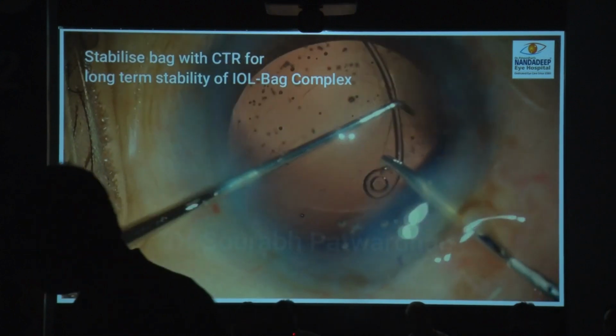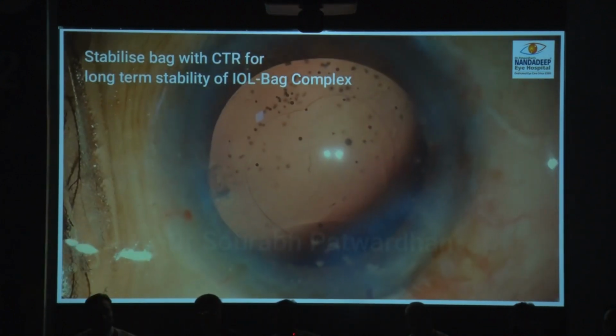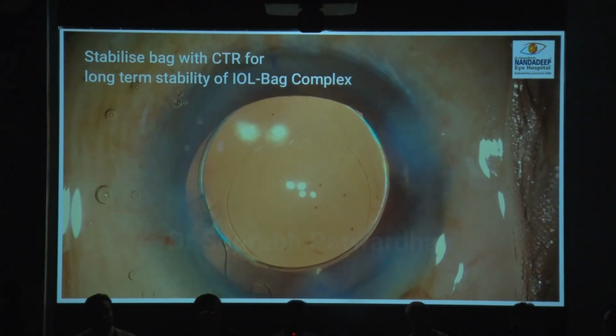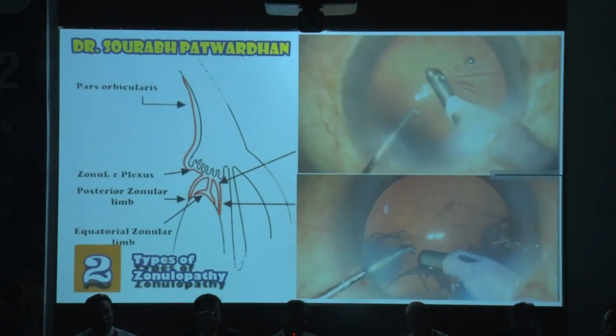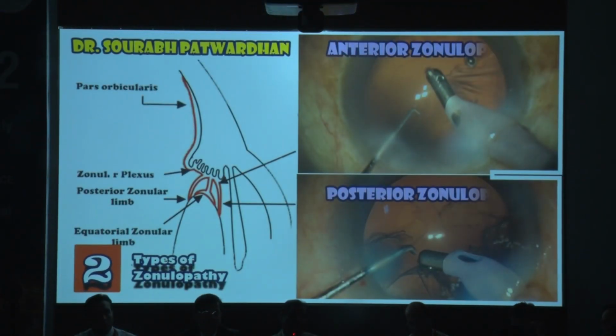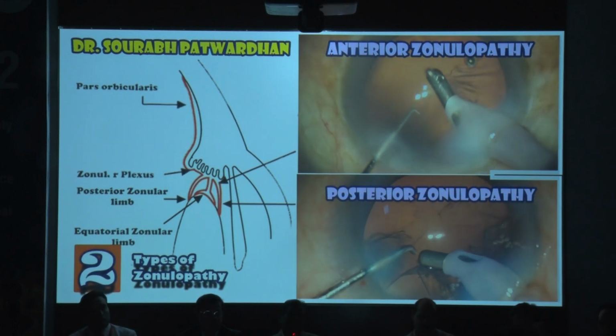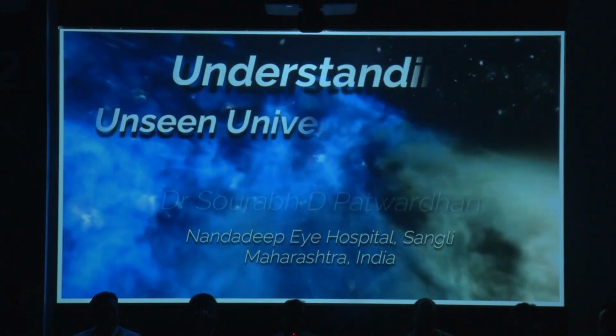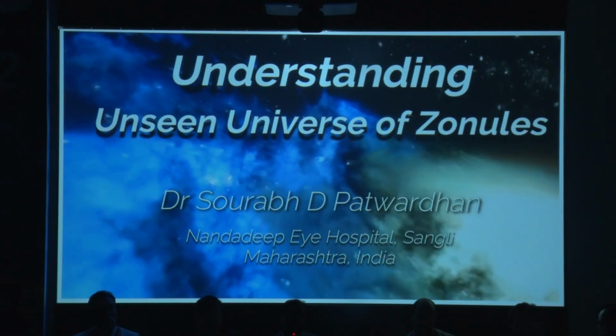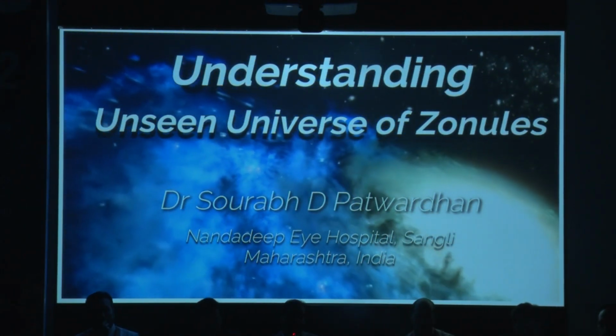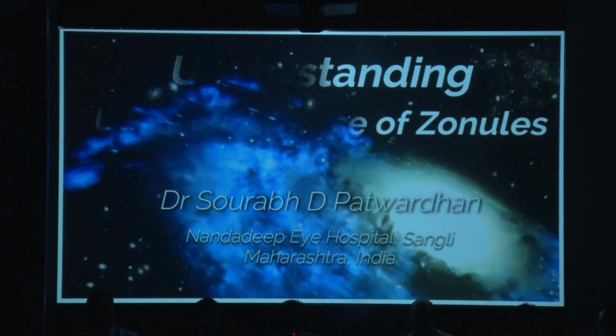And it is recommended to put capsular tension ring for long-term stability of the IOL bag complex. So with this video, we would like to demonstrate the two types of zonulopathies, anterior zonulopathy and posterior zonulopathy. And hopefully we'll understand better about the unseen universe of zonules.